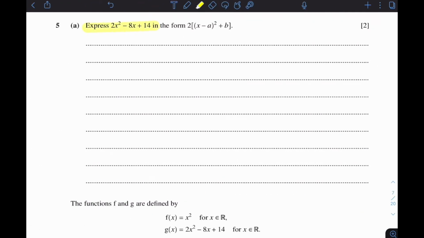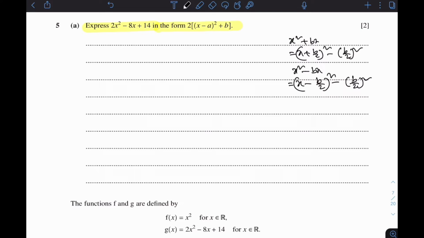Express this quadratic function in the form of this one. We know how to do completing the square. We know that x square plus bx equals (x plus b by 2) whole square minus (b by 2) whole square. Same as x square minus bx equals (x minus b by 2) whole square minus (b by 2) whole square.